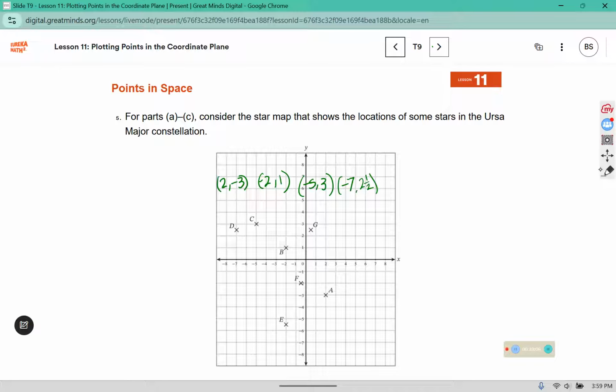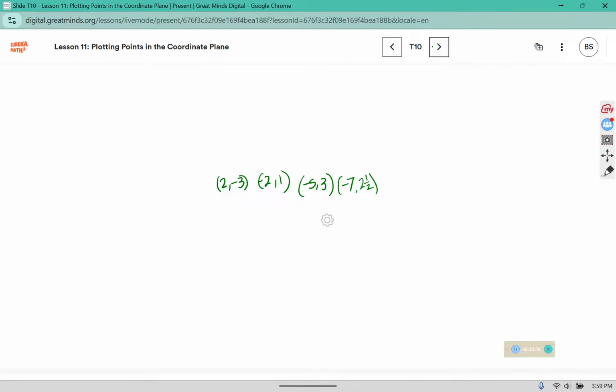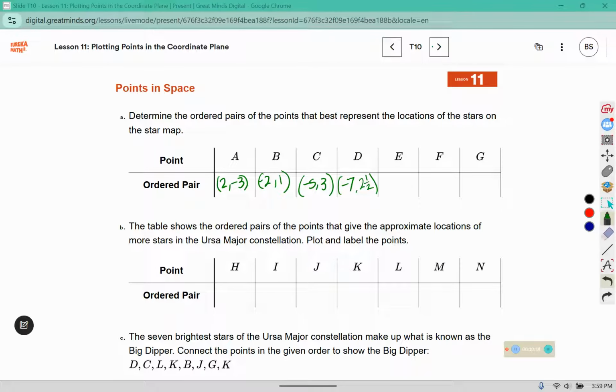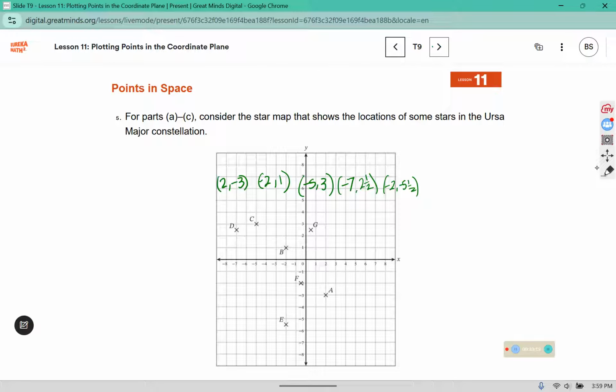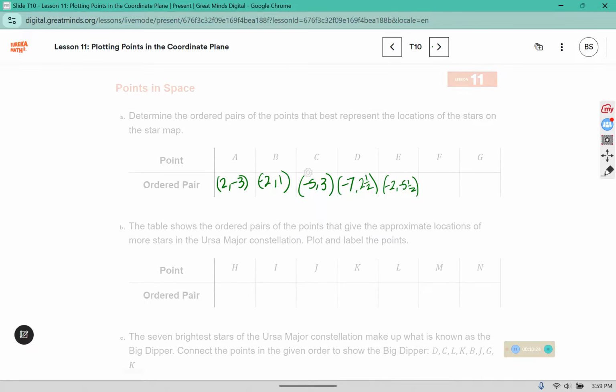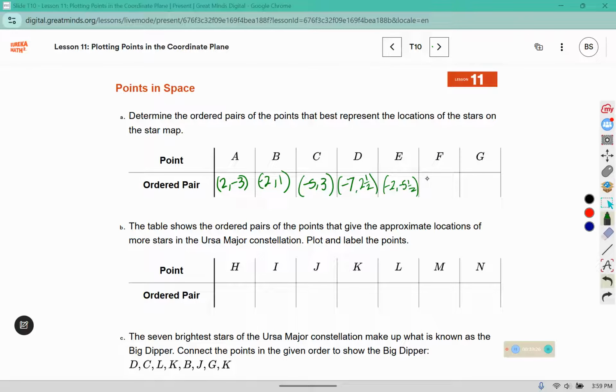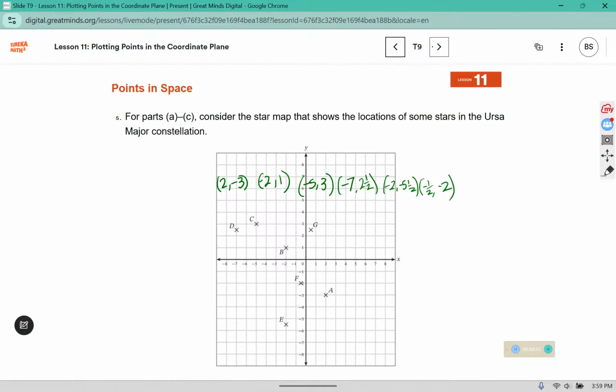So left 2 is negative 2, down 5.5 is negative 5.5. F is left a half and down 2. And G is right a half and up 1, 2.5.